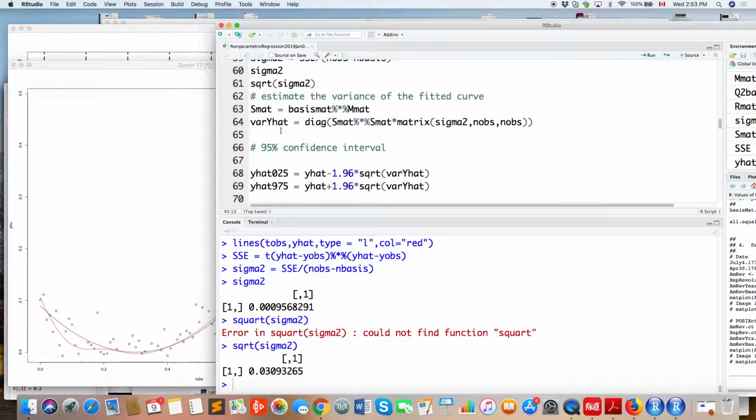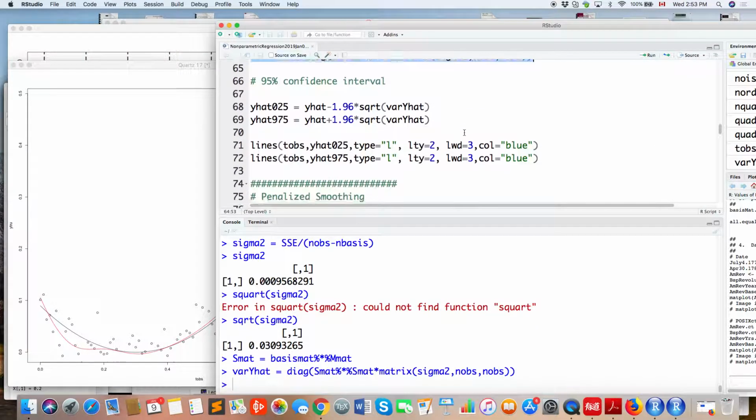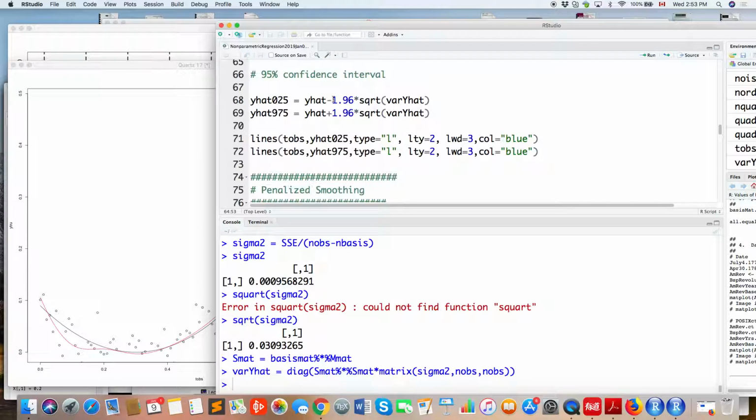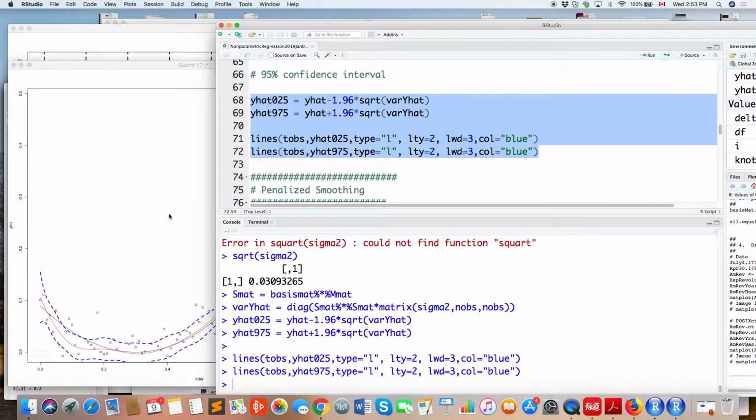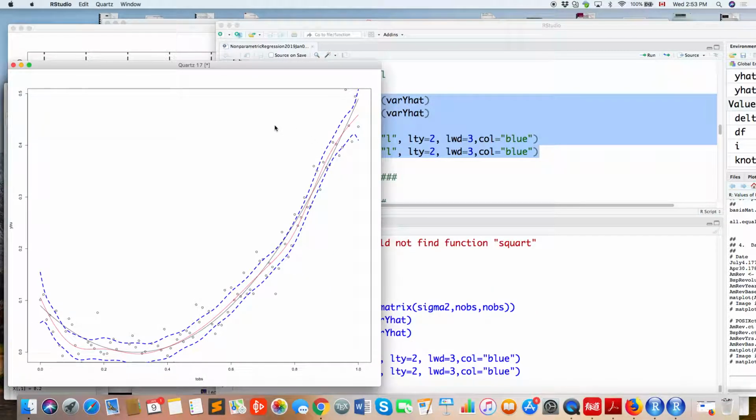So after getting the sigma square, I can also get the variance of the fitted curve. We use the smoother matrix S mat, and so I can get the variance of y hat. Then I can get the confidence interval for the fitted curve. So I put it here. This shows you the 95% pointwise confidence interval for the fitted curve.